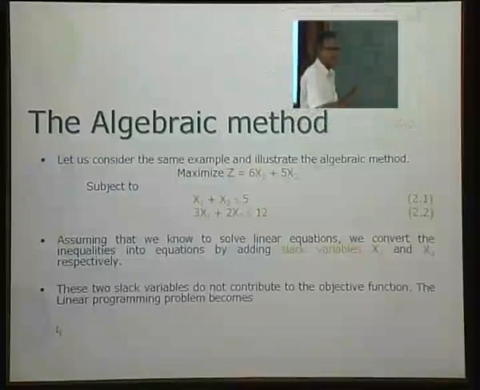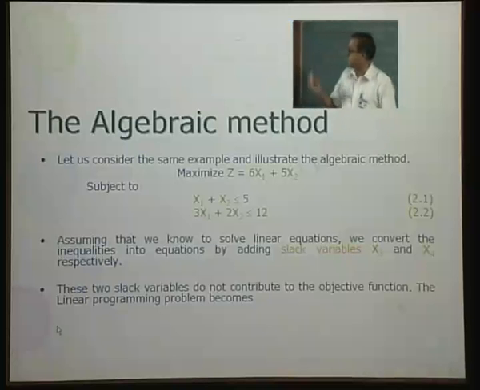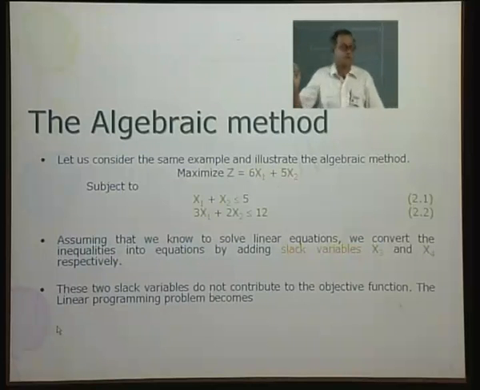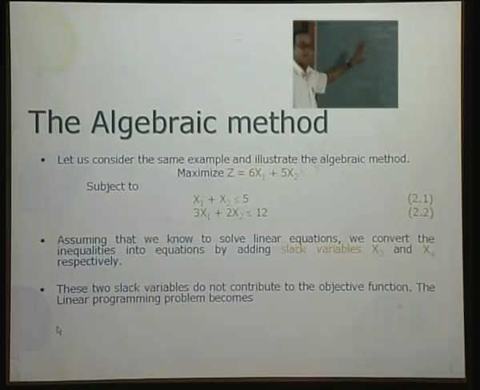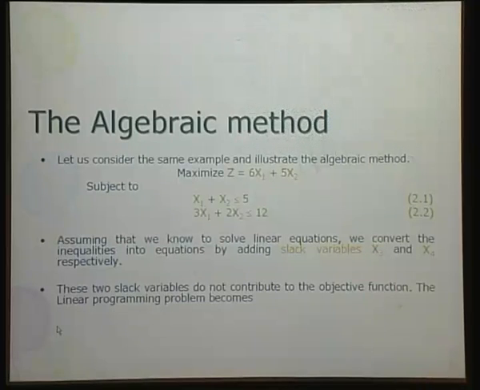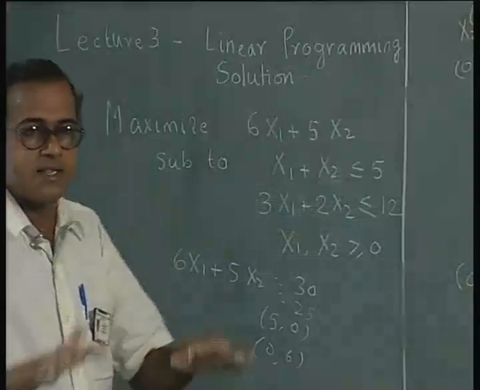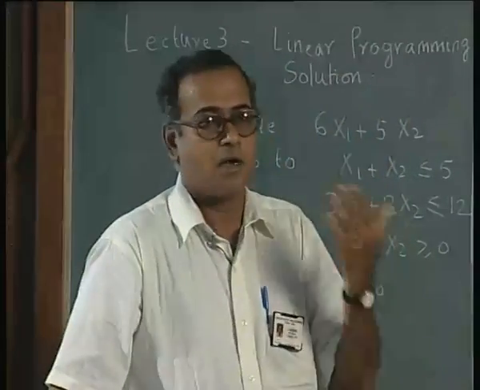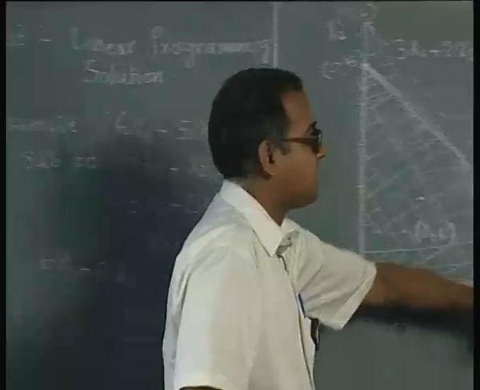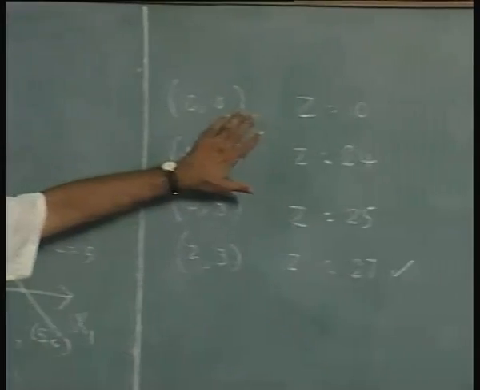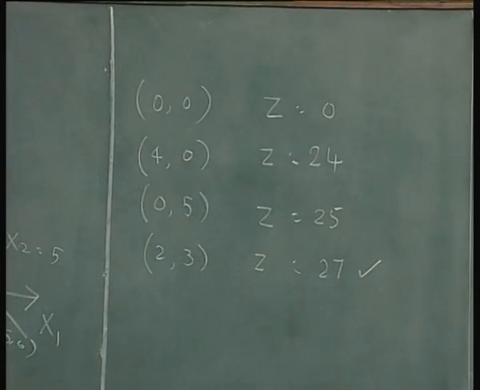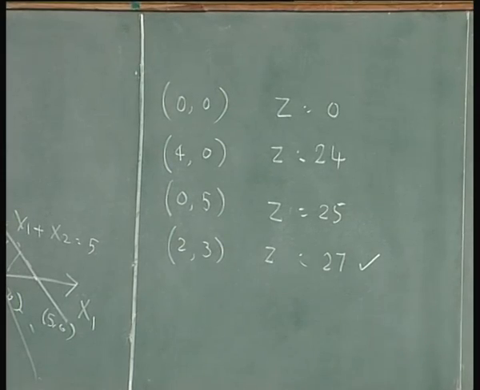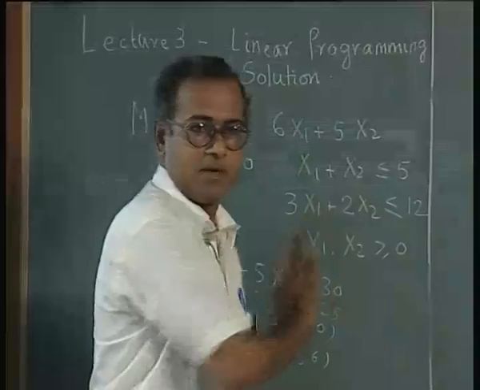Now, what we are going to do is we are going to show the algebraic method, which is the next method, but we are going to illustrate it using the same example, so that we can understand how the algebraic method works with respect to the same problem, and what is similar and what is dissimilar, or how we see all these solutions coming in the algebraic method. So, we will also show the linkage between the graphical and the algebraic method by considering the same example.